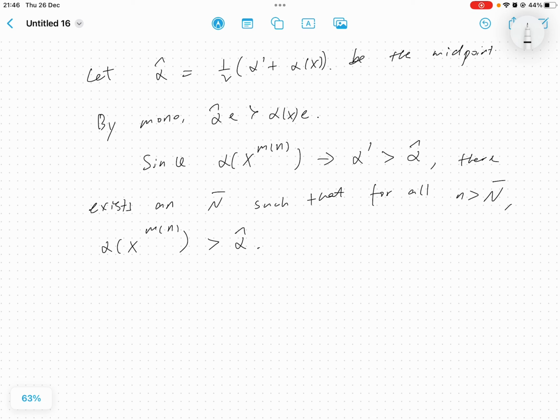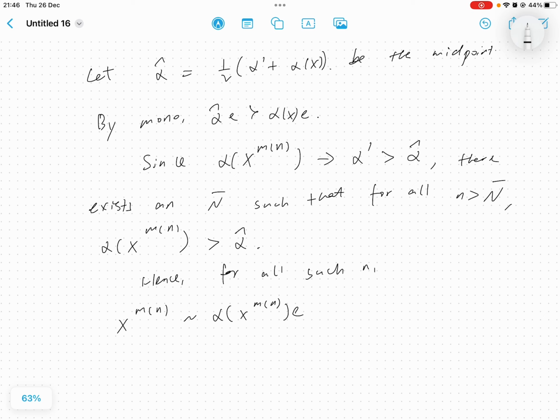So hence, for all such n, okay, what we have is that little x m n is indifferent to alpha x m n e, right?